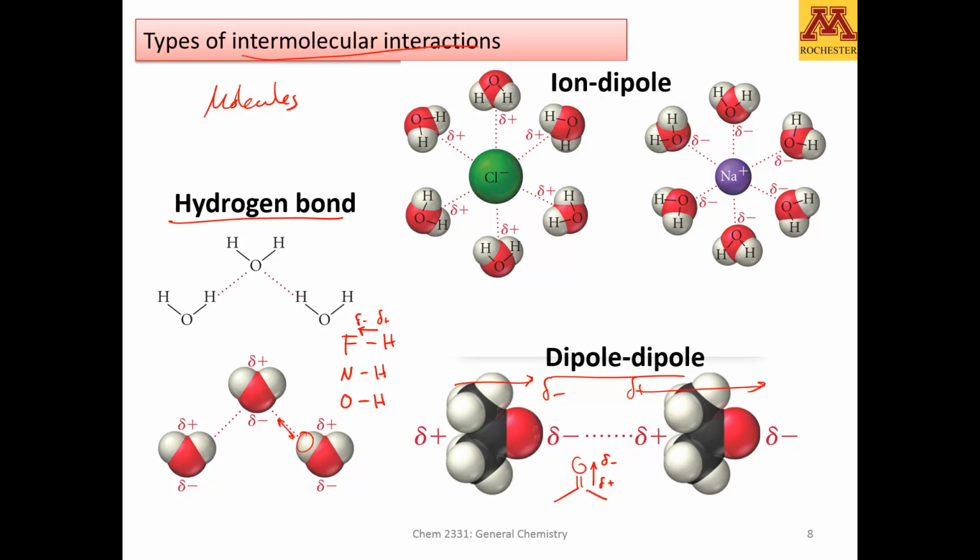Not when you have pure substances, but when you have a mixture. For example, when you throw salt in water, you will have a specific kind of intermolecular interaction that is very strong, the so-called ion-dipole. You have an ion that interacts directly with a dipole. Notice it doesn't have to be a hydrogen bond kind of dipole.